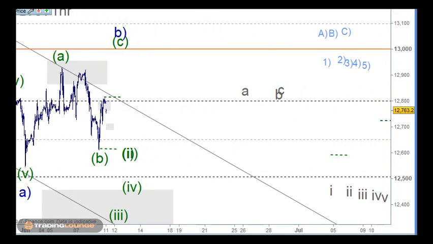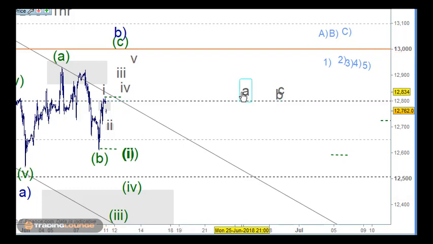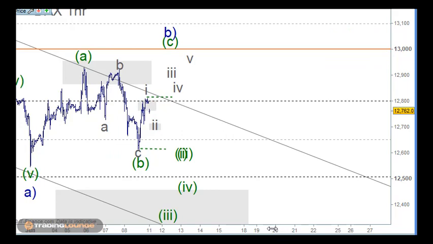I can use wave 1 here, wave 2 on that box, wave 3, 4 and 5 here. An A wave there, B wave there, and C wave for the B wave there.